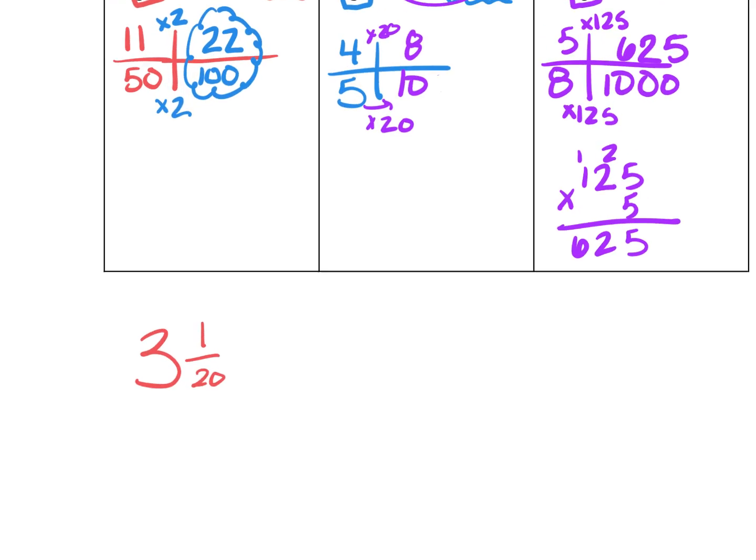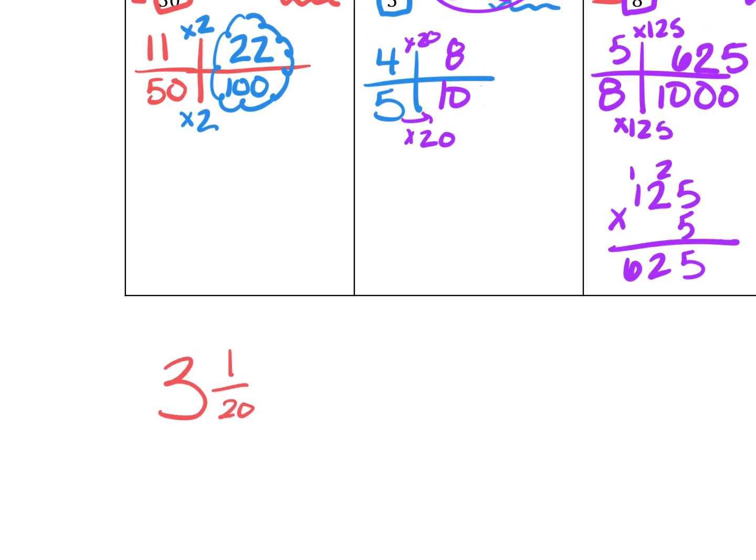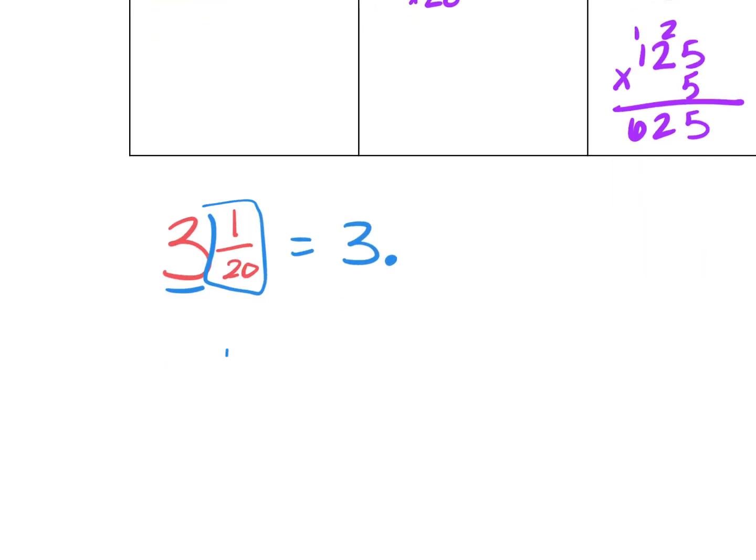So flip your paper over, write this on the back. 3 and 1/20. So 3 is our whole number, so we're going to write 3 point. And then I have my fraction 1/20. So I have 1 out of 20. My first option is 10. I can go from 20 to 10, but I can't go from 1 to that and have a whole number. It'll be a decimal. So we're going to go ahead and add another 0.